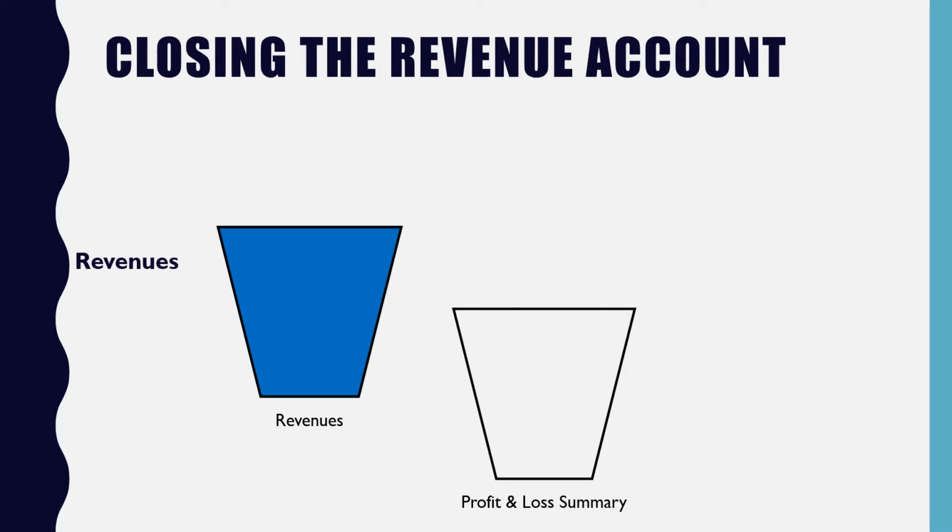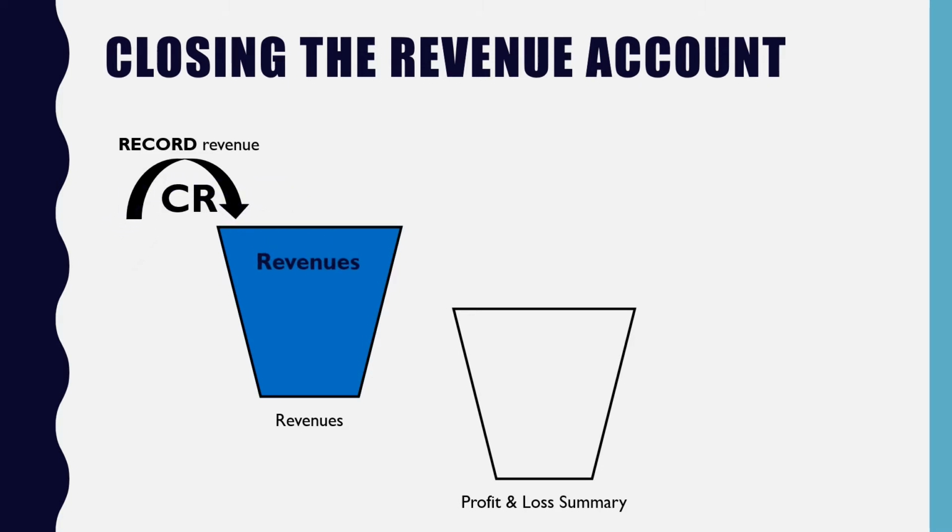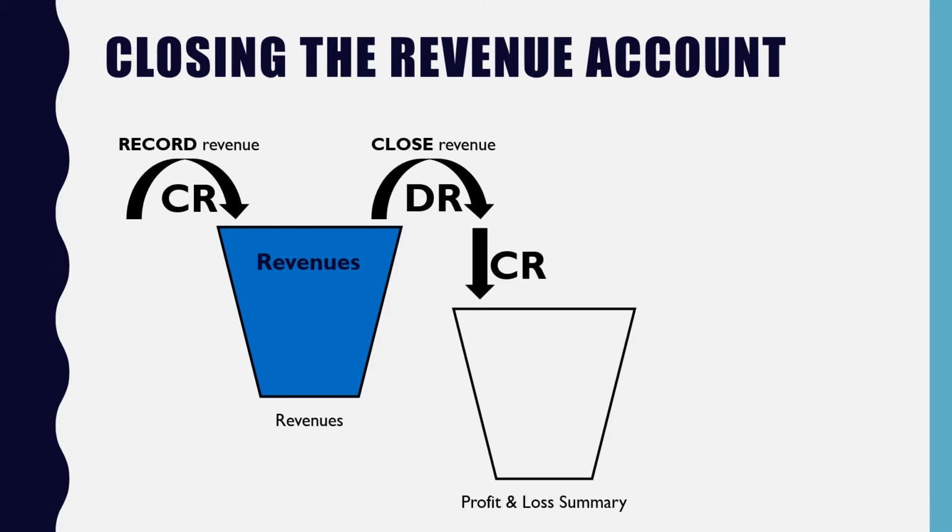Let's start with the revenue account. When we record revenue, we always credit the account. But to close the revenue account, we need to debit the revenue account and credit profit and loss summary. This transfers all the revenue into the profit and loss summary account.